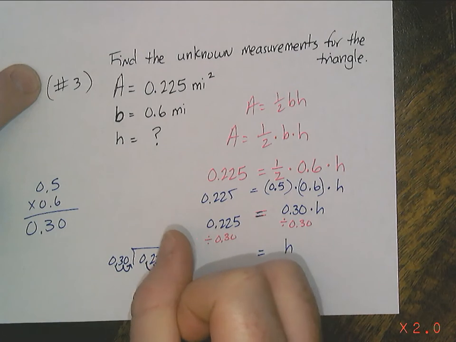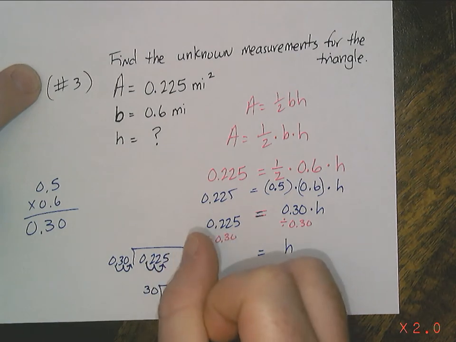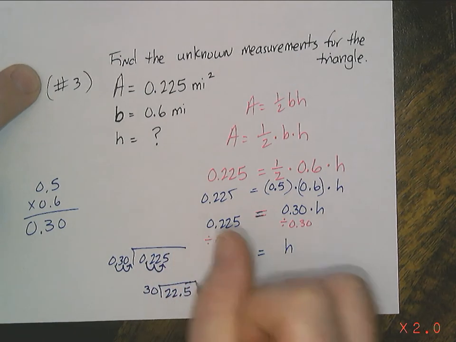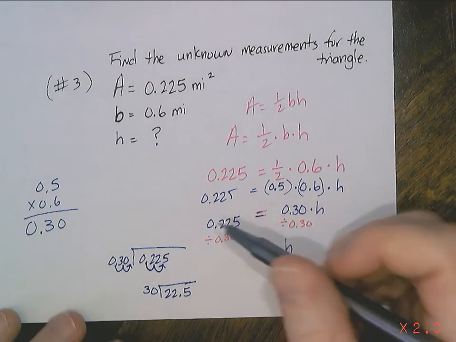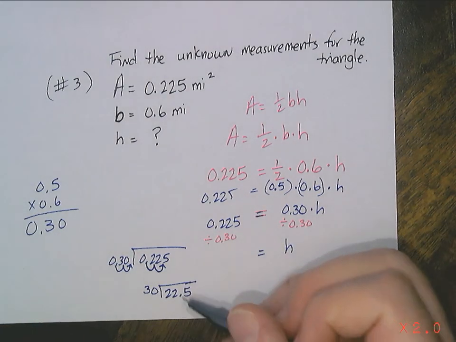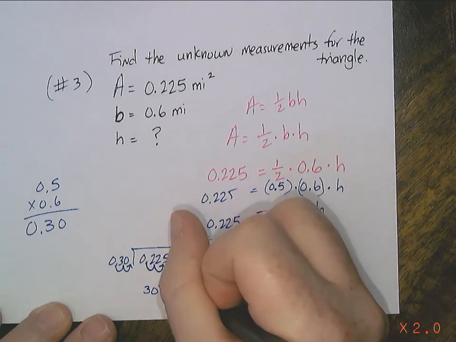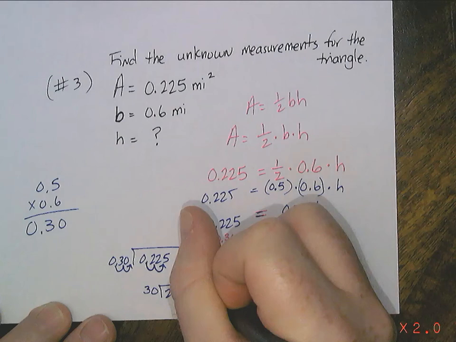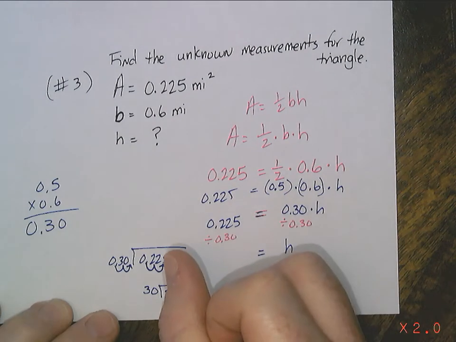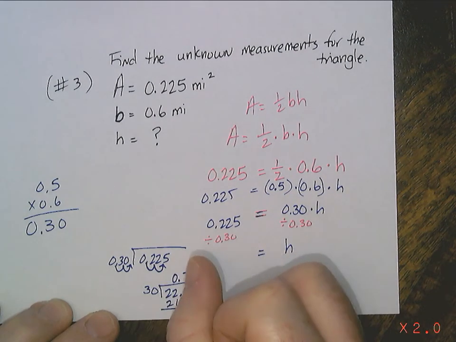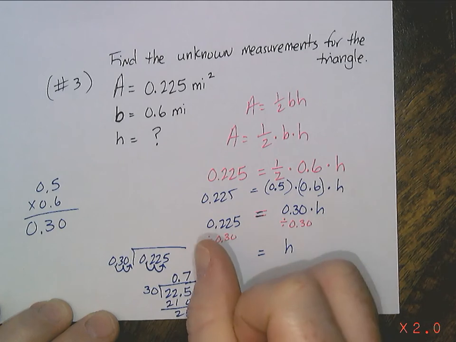So you're going to have 30 into 22.5 now. 30 can't go into 22, but it can go into 225. It's going to go in 7 times. I'm going to add a 0, bring it down.